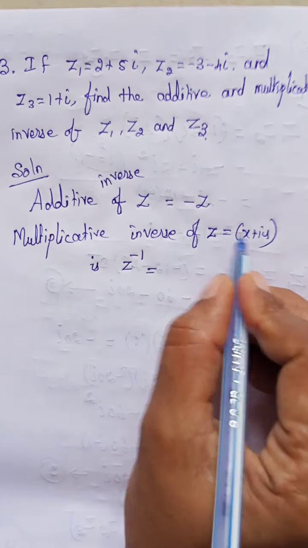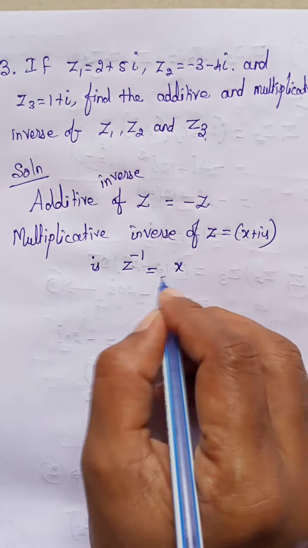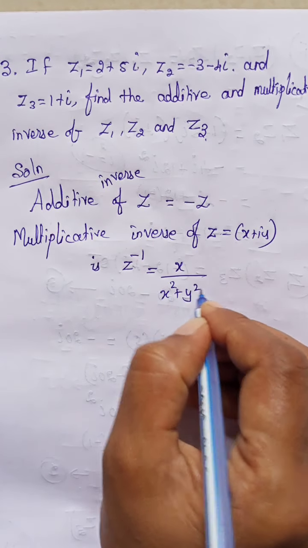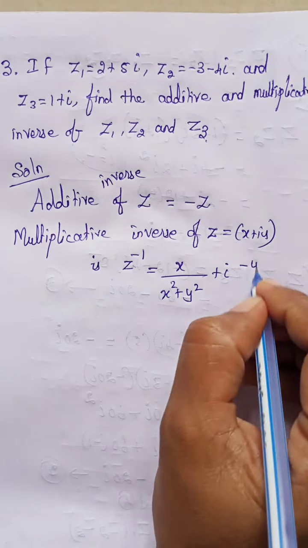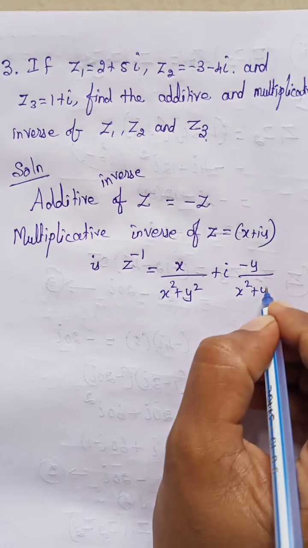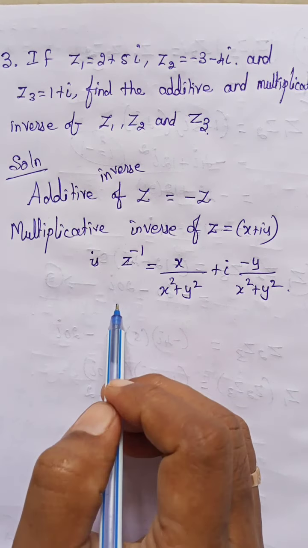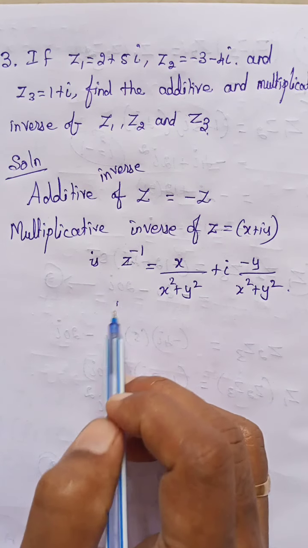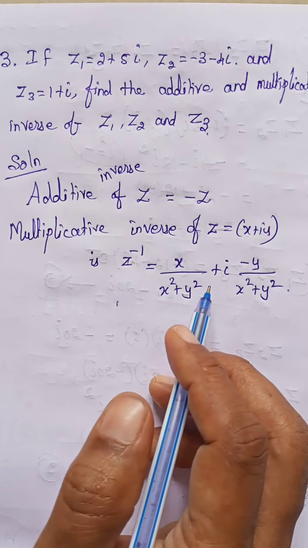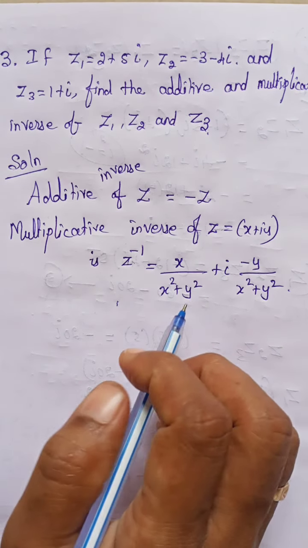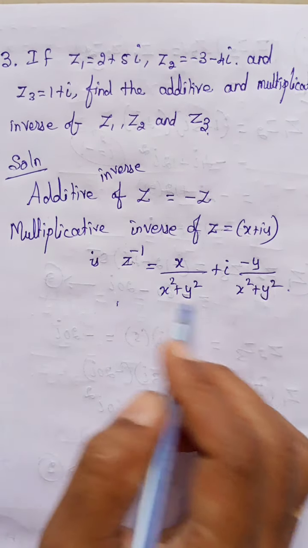What is Z inverse if x plus iy is there? It is x by x square plus y square plus i into minus y by x square plus y square. Or you can find it like 1 by Z. Z inverse is 1 by Z. Using that also you can simplify. Since we have a direct formula, we will use this.